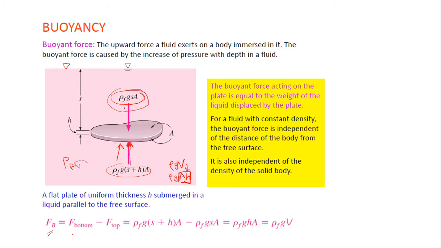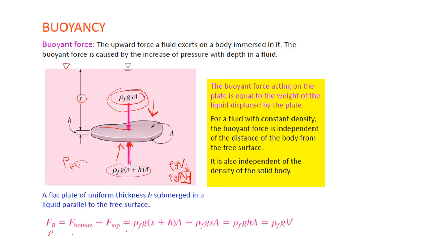the force at the top, which is the upward force here, going downwards. This is also rho gAh, but the height now is only s, because it's only up to here. Minus this will give you the net force, which is the buoyant force.